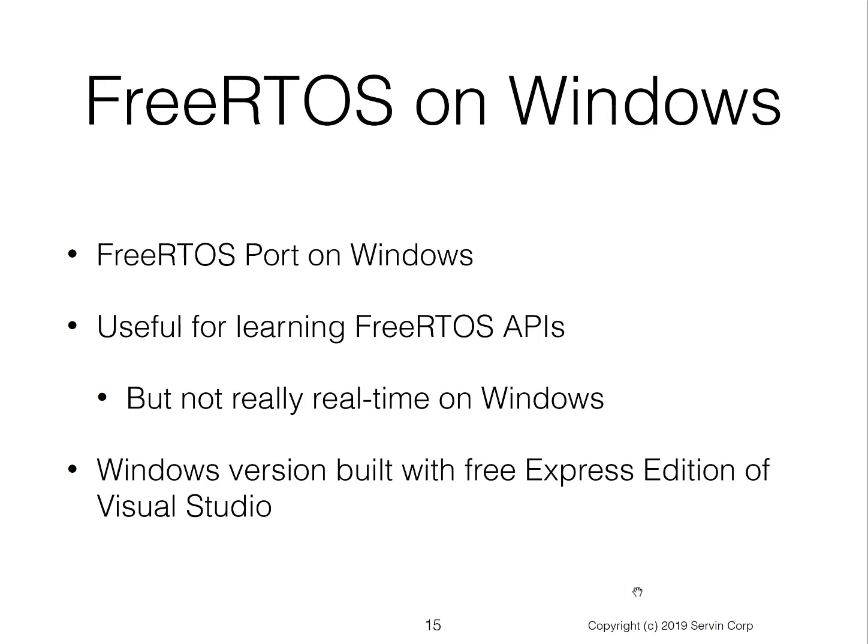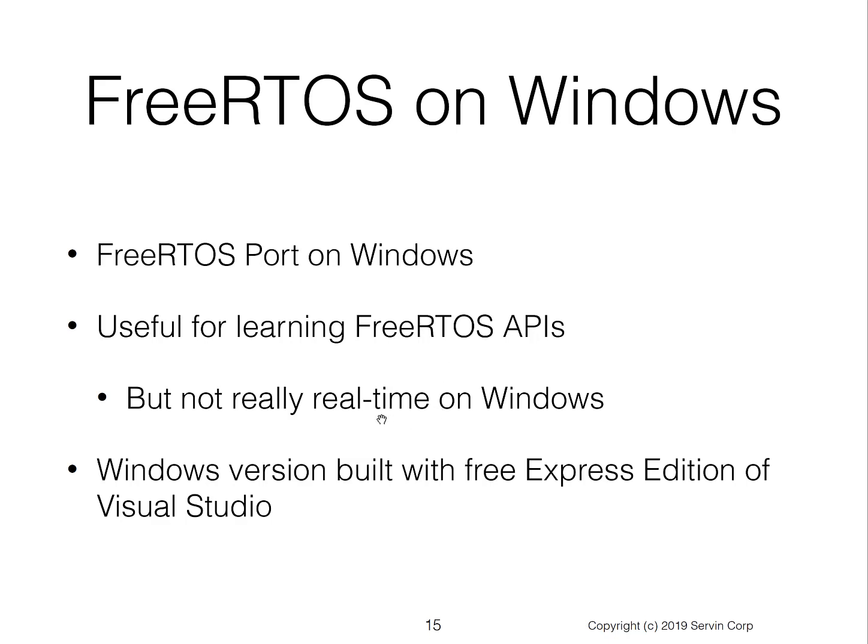And if all that was not enough, guess what? If you just want to try it out and you don't actually have hardware yet, there's actually a FreeRTOS port to Windows. And this is useful for learning the FreeRTOS API. It's not really real time on Windows, but for learning the concepts, it still works fine.